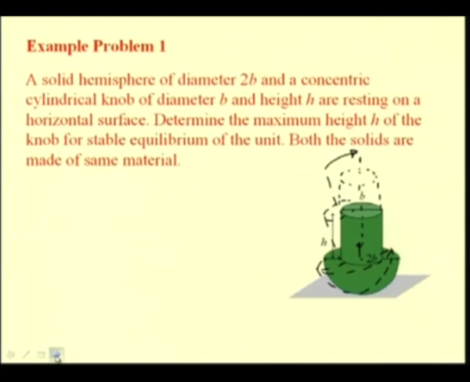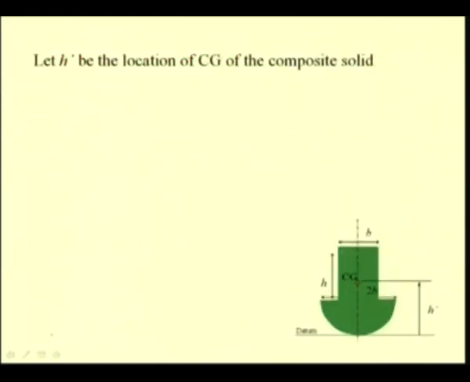So, let us try to first find the expression for the center of gravity for this composite solid. Let us define a datum as described in this picture, and let H prime be the location of the CG of this composite solid composed of the cylindrical portion and the hemispherical portion.